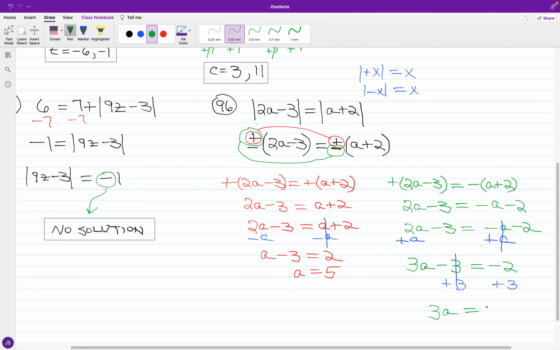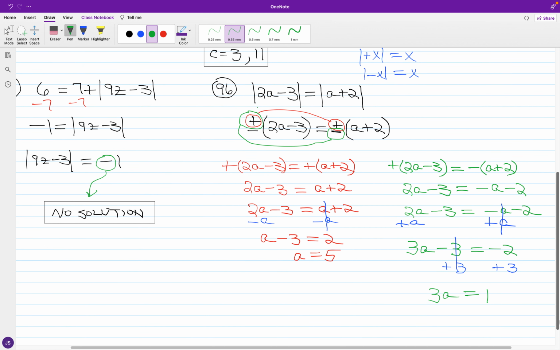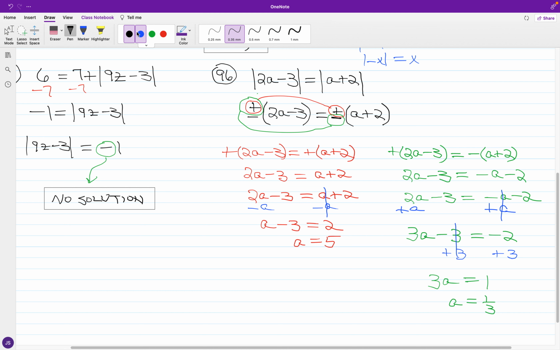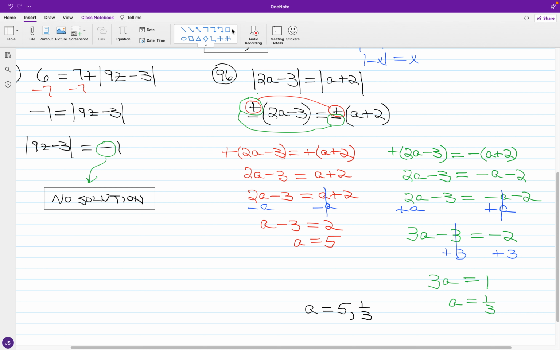And negative 2 plus 3 comes out to 1. And we have division by 3. So you have that a is equal to 1/3. And so for the solution set, we have that a is equal to 5, and also that a is equal to 1/3.